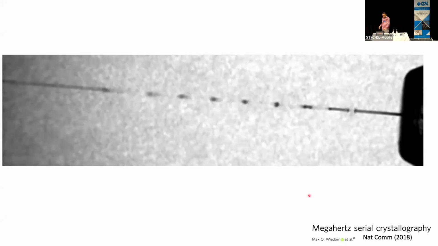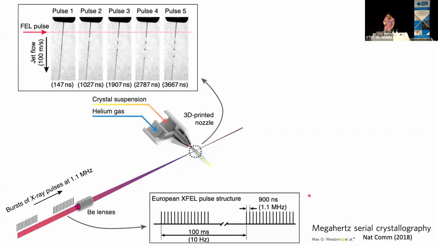But if you run up to 100 meters per second here, you can see that by the time each new pulse comes along, the jet has recovered. So when you start to plan for these megahertz experiments, you really have to think about injection and how you're going to do that.